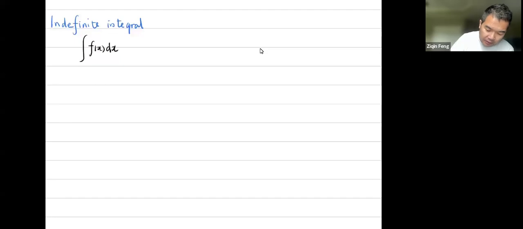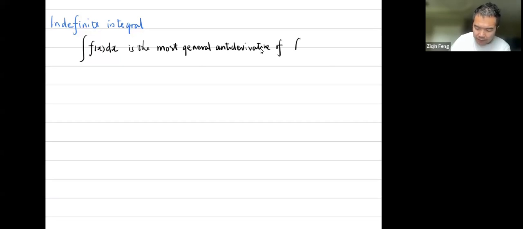This is the most general antiderivative of f, right?